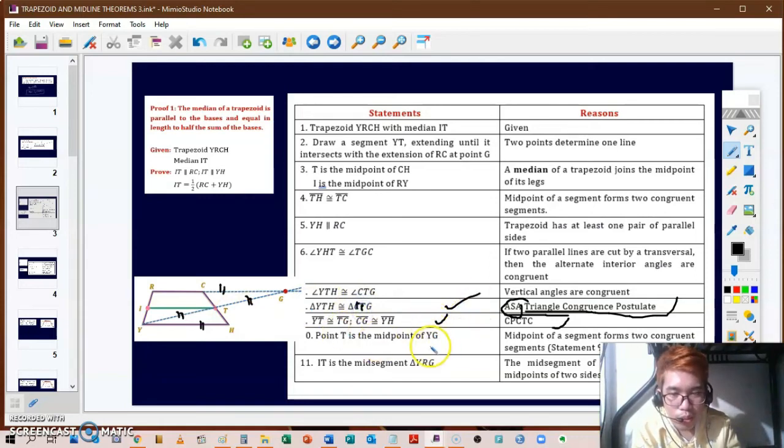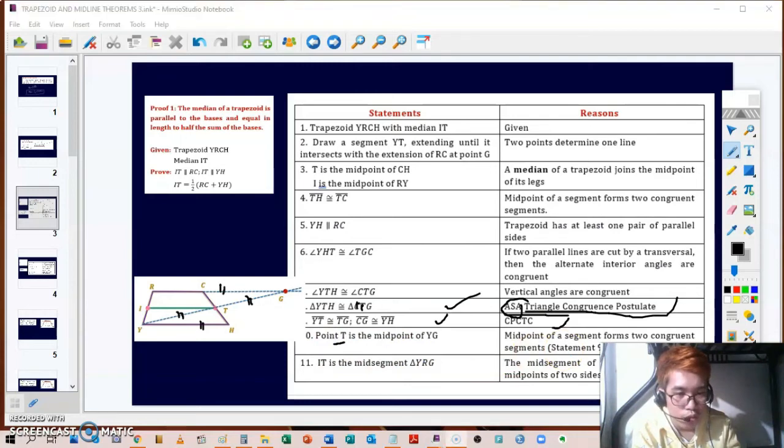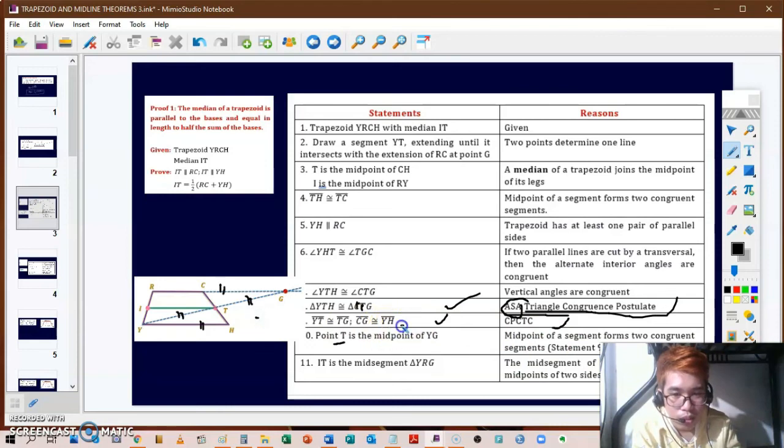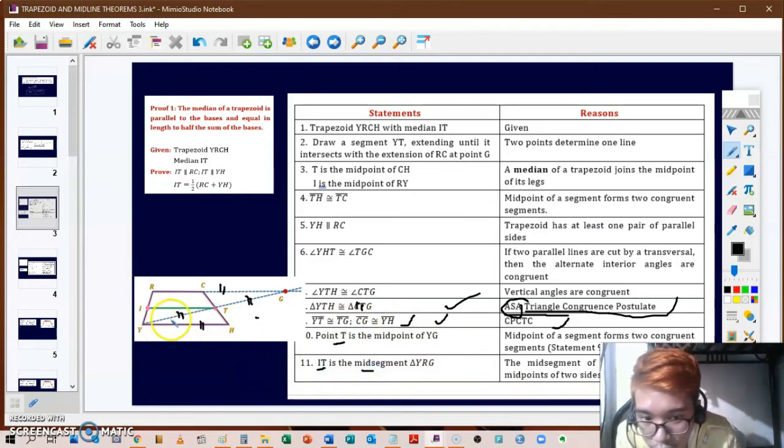And then we have here number 10, point T is the midpoint of YG. So we can say that the midpoint of a segment forms two congruent segments based from statement number 9. So we can also say that IT is a mid-segment of triangle YRG.